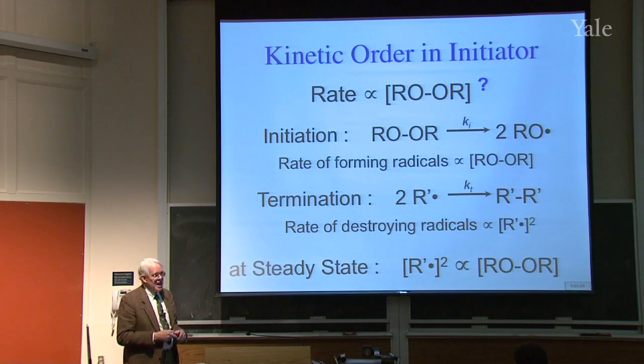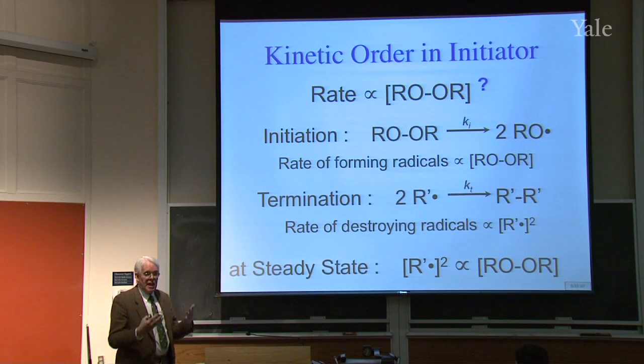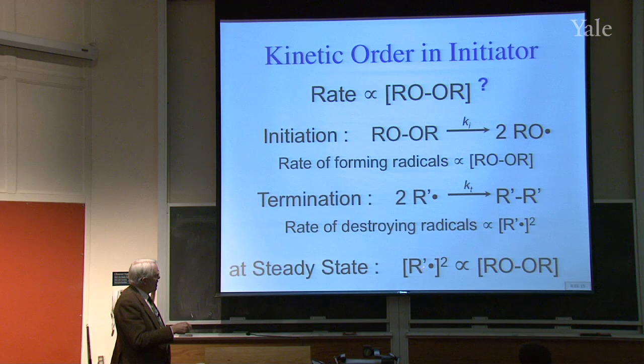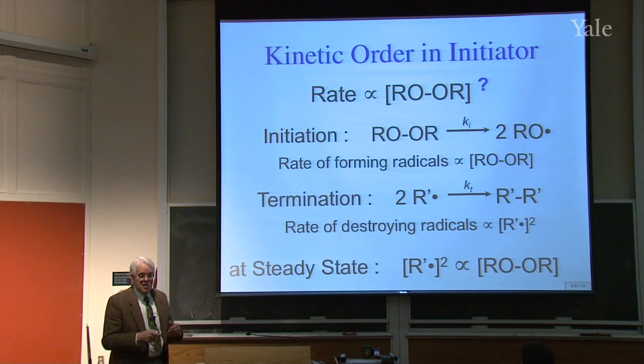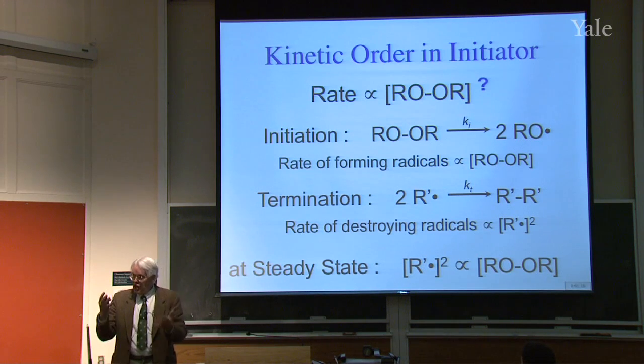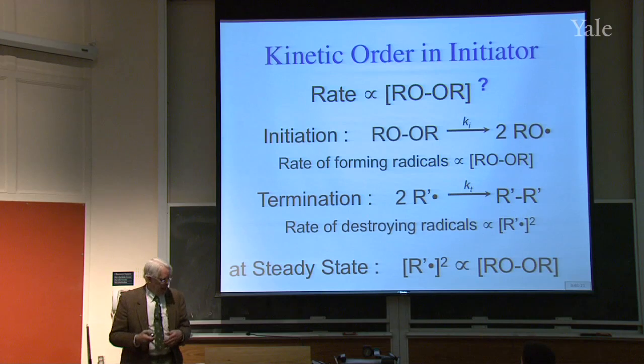And at steady state, once the thing is cranking along, the rate of initiation, which is this right here, and the rate of termination must be the same because we're in a steady state. We're not changing the number of machines, okay?